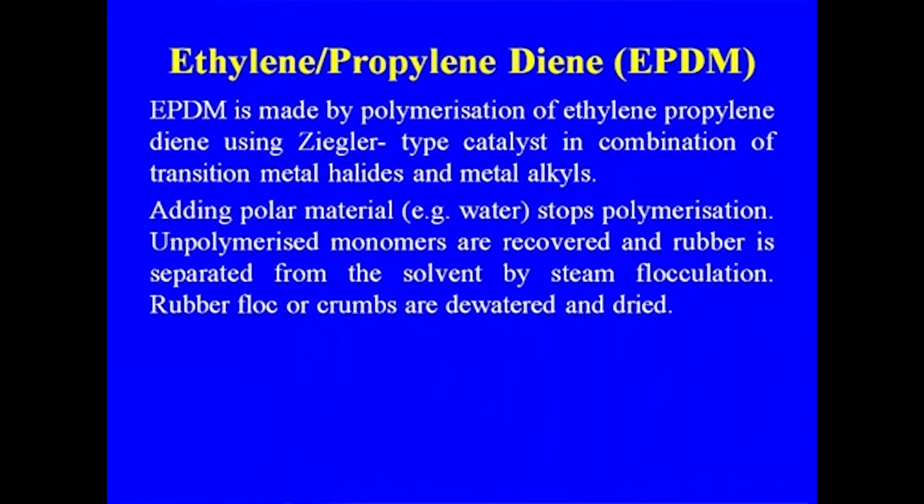Adding polar material, means water, stops the polymerization, unpolymerized monomers are recovered and rubber is separated from the solvent by steam. Rubber flocks, because of the flocculation that we are carrying, the rubber crumb is dewatered and dried. So, this is about the EPDM.